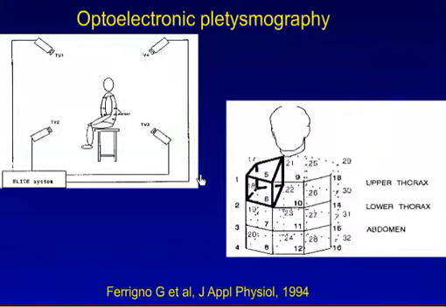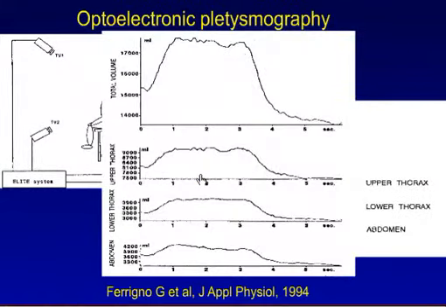There are options. For example, this one is optoelectronic plethysmography. This was applied in the early 90s by Ferrigno in the Journal of Applied Physiology, and consists in an optic system with a lot of sensors placed in the upper and lower thorax and the abdomen, and can give a sort of partitioning of the volumes distributed by the upper, lower thorax and abdomen.